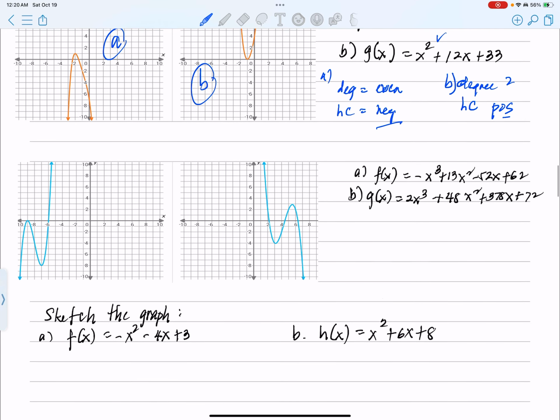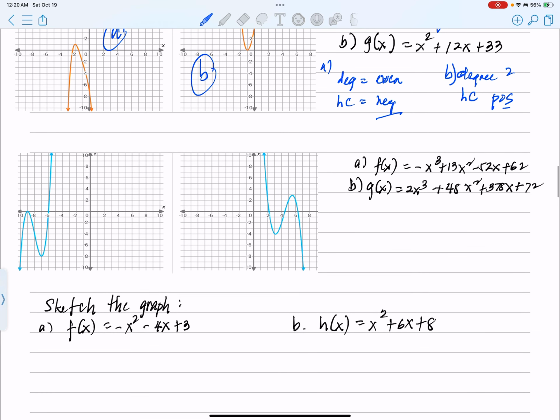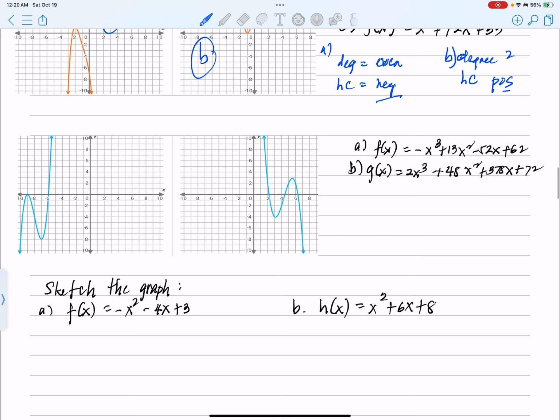For number 3, it is a cubic function. So one is positive, the other one is negative. If we look at it, it's cubic, so it's odd. The degree is odd. Both of them have an odd degree. The other leading coefficient is negative. Okay?